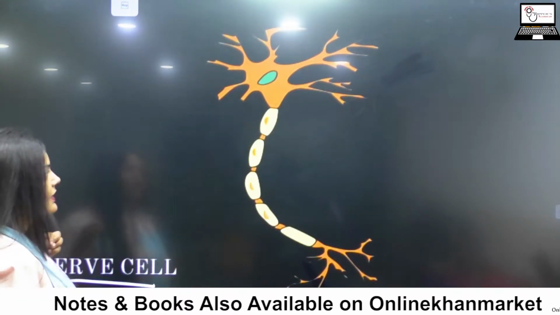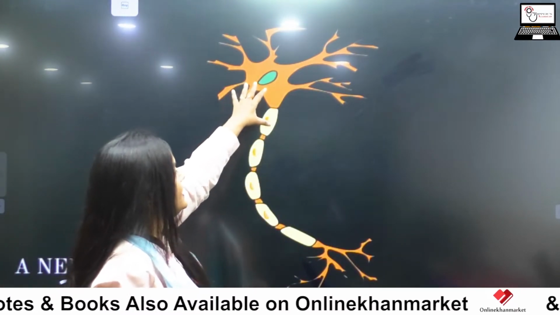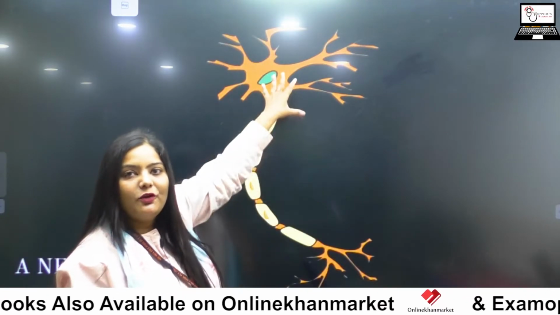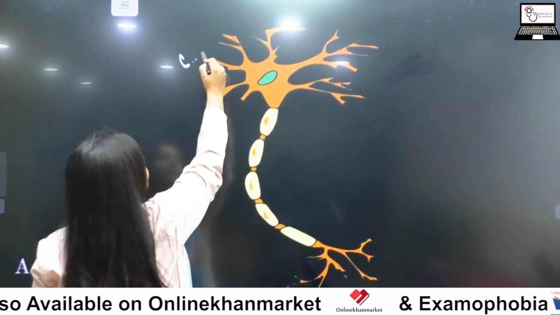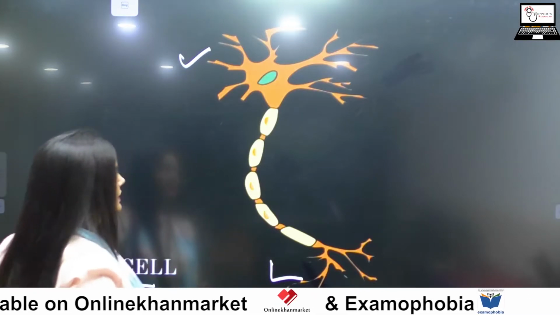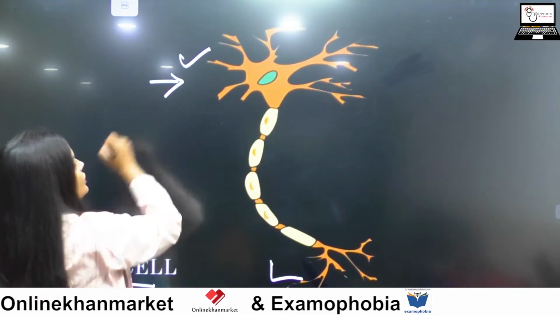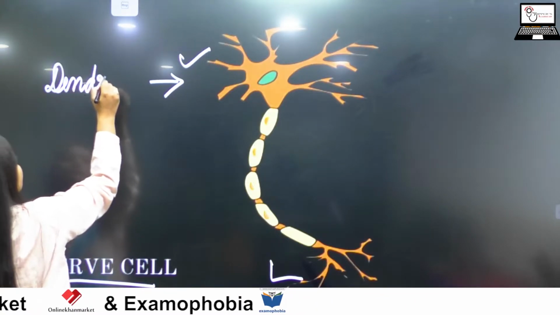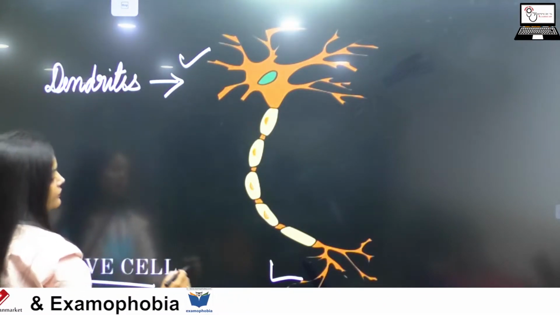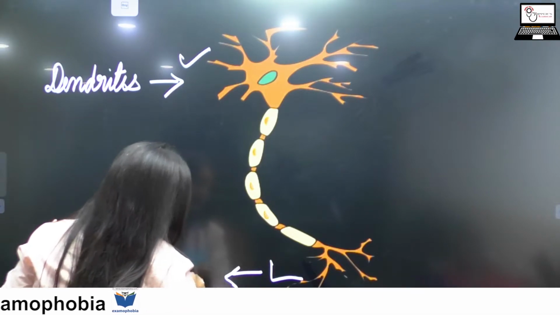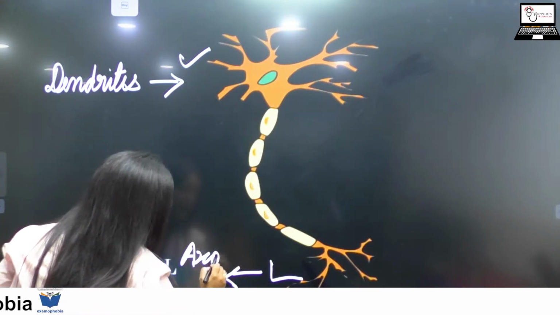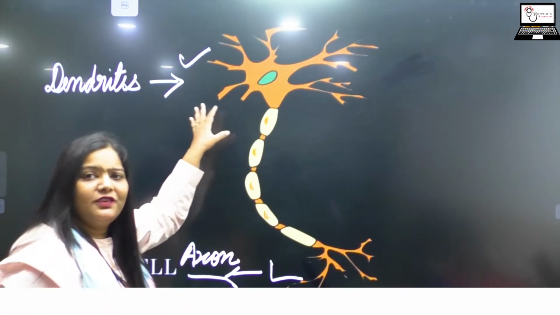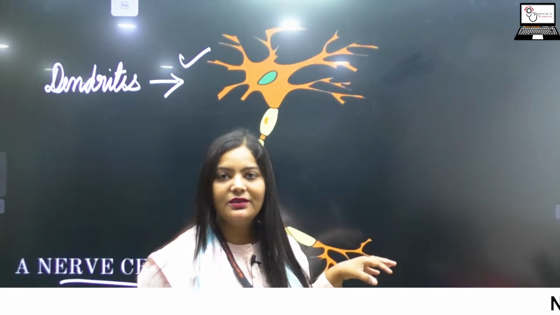A nerve cell, right? This neuron, as you can see, has two types of projections, one from the top side and one from the bottom side. The ones you are watching on the top side are called dendrites, and the one you are watching on the bottom side is called the axon. What is the difference between the dendrite and the axon?